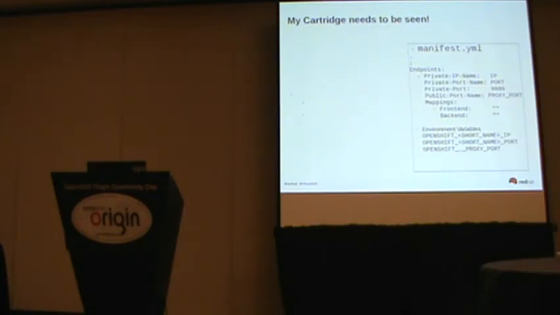So with the V2 cartridges, rumor on the street is that you can have multiple public ports now. Is that correct? And if so, how does that work? Is that too complicated for this part of the talk? I could spend way too much time on that one, but the answer is yes, it can. It happens because when you set up, you're going to get multiple privates, and then they get mapped back and forth.